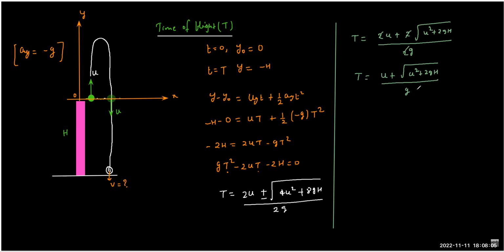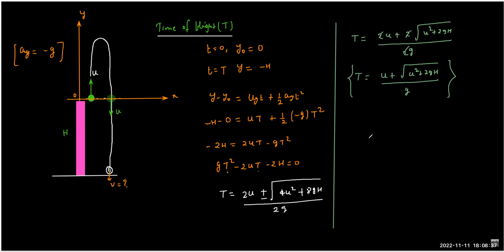Okay. All right. So this is your answer, and basically this is simply the v equals u plus at formula. So t is equal to u plus under root of u square plus 2gh, upon g, is the answer.